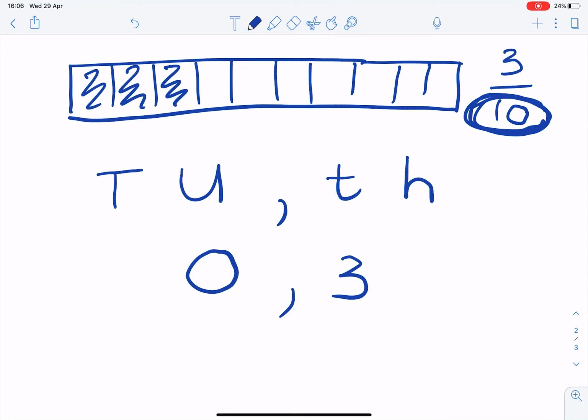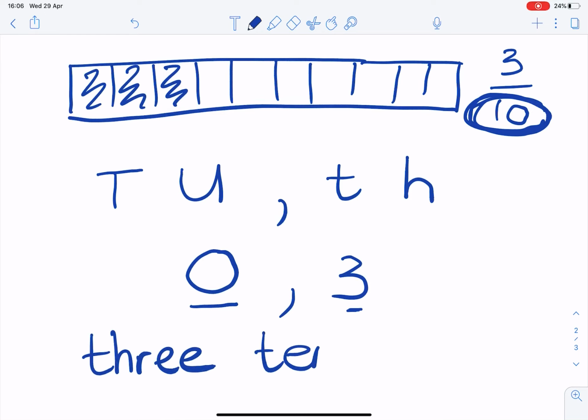So 3/10 means that there are 0 whole bars of chocolate and 3/10. If I were to write that in words, it would look like that. And that is all you are expected to do in exercise 7.1.